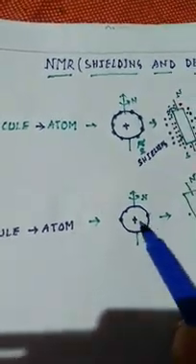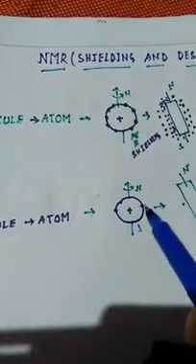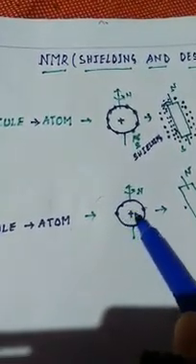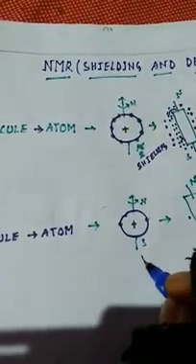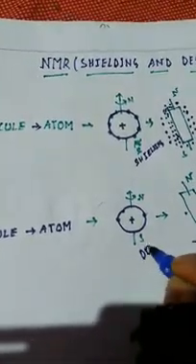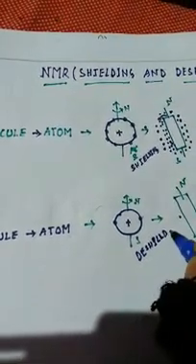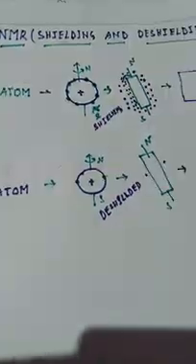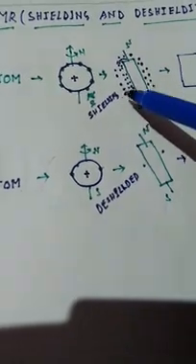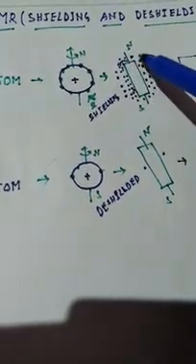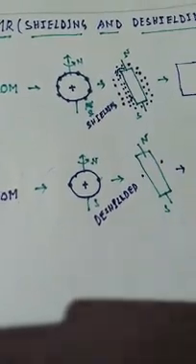And since there is a negligible amount of electrons present in the other, its screening effect is less, thus it is highly deshielded. So guys, for easy understanding, shielded is called covering electrons, and deshielded is called non-covering electrons.